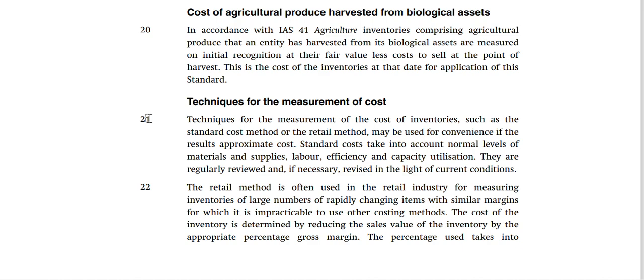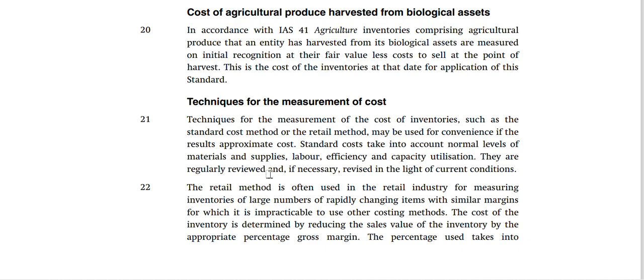Then when we're looking at paragraph 21, it starts with techniques for the measurement of cost. Techniques for the measurement of cost of inventory, such as the standard cost method or the retail method, may be used for convenience if the results approximate cost. Standard costs take into account the normal levels of materials and supplies, labor, and efficient capacity utilization.